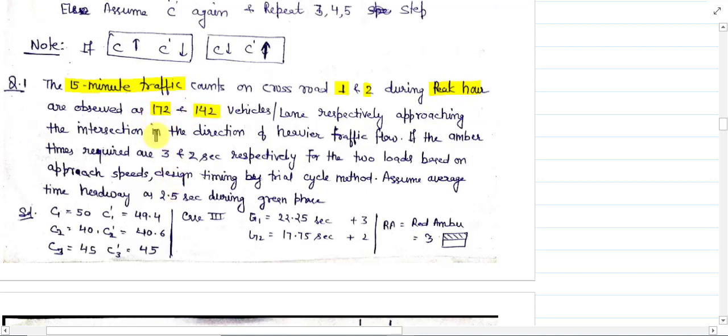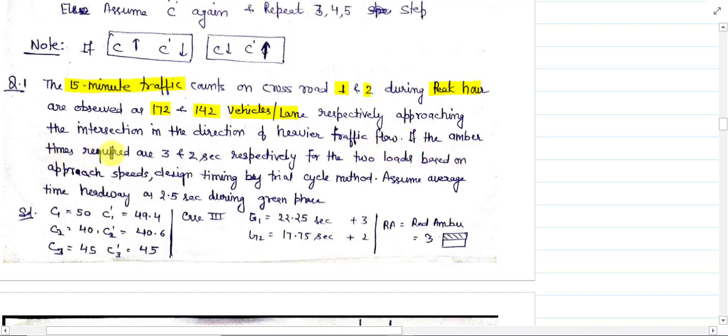So N1 here refers to road 1, and the value of N1 is 172, meaning G1 will be higher as compared to G2, because N2 is 142 vehicles per lane, respectively, approaching the intersection in the direction of heavier traffic flow.